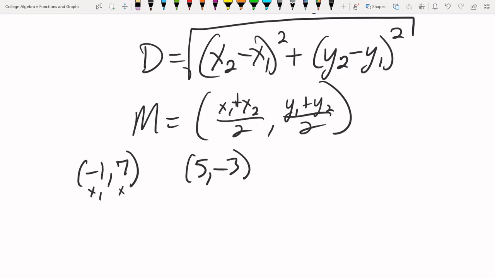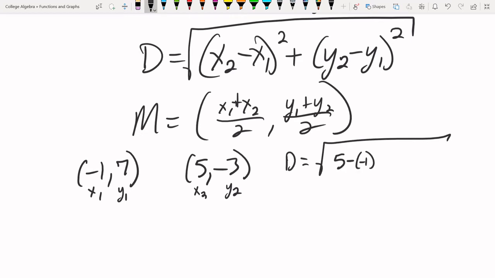x1, y1, x2, y2. And now the distance is going to be the square root of x2 minus x1 squared plus y2 minus y1.